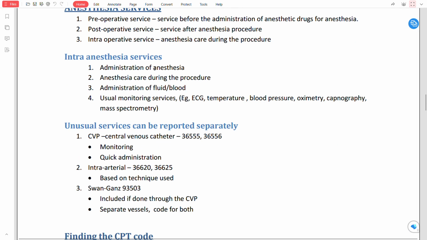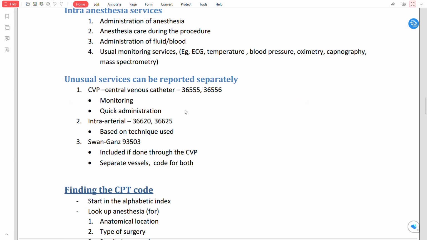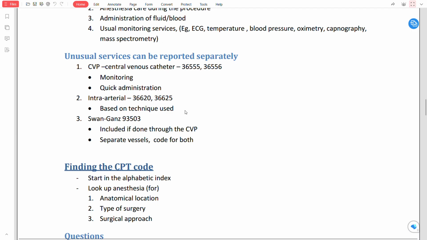Clear? And also intra anesthesia services, just read: administration of anesthesia, anesthesia care during the procedure, administration of fluid or blood, usual monitoring services, for example a person's ECG, temperature, blood pressure, etc. Okay, and also unusual services can be reported separately.